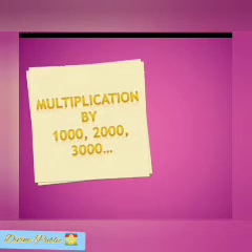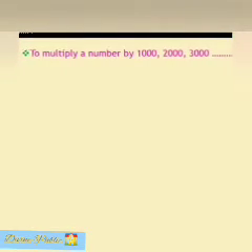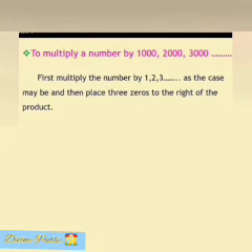Multiplication by 1000, 2000, 3000 and so on. To multiply a number by 1000, 2000, 3000 and so on, firstly multiply the number by 1, 2, 3 and so on as the case may be, and then place three zeros to the right of the product.